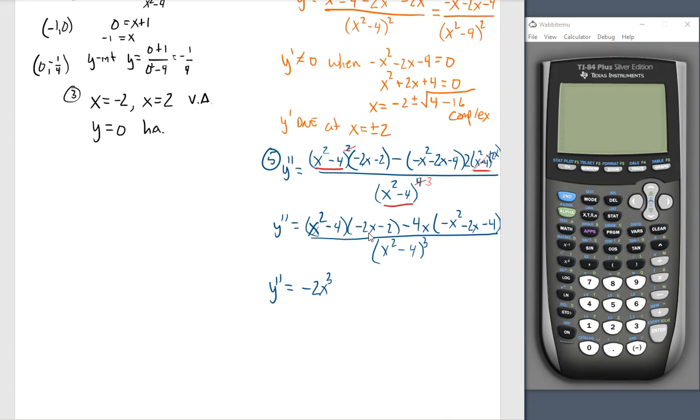My second derivative simplified is minus 2x cubed minus 2x squared plus 8x, and then a positive 4x cubed, a positive 8x squared, and a positive 16x, over the denominator. I'm fading fast, guys. It's another reason why I'm going to cut it after this one.